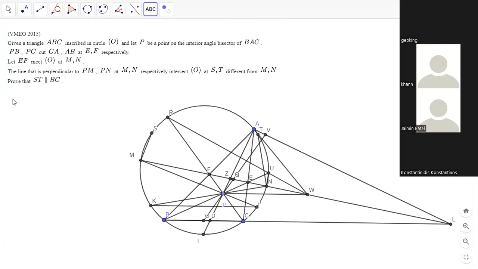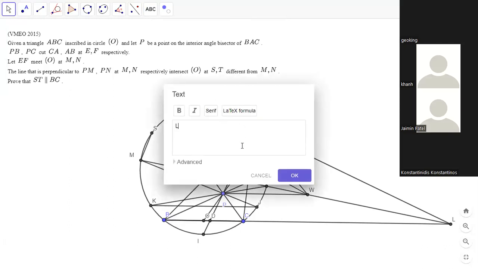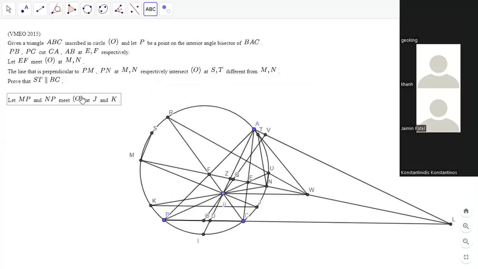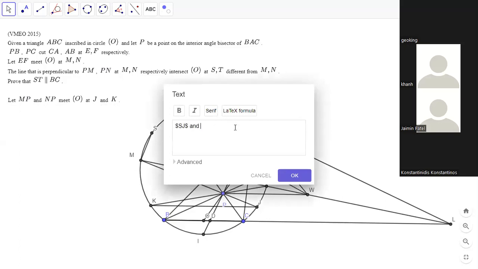So let MP and NP meet the circle at J and K. Then SJ and PK are diameters, and that implies that SKJT is a rectangle.